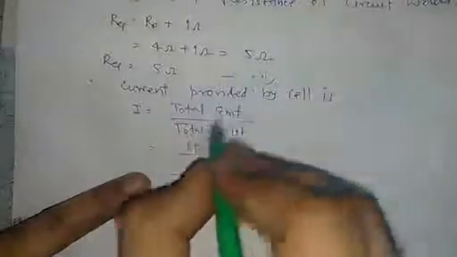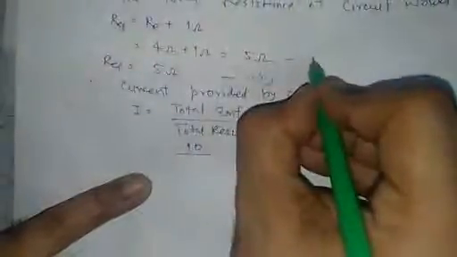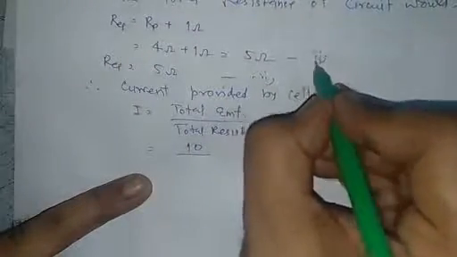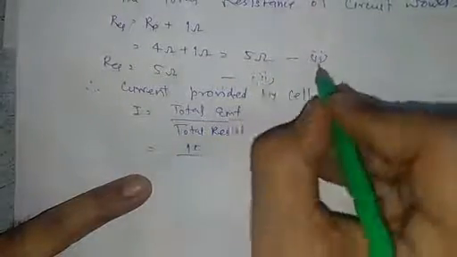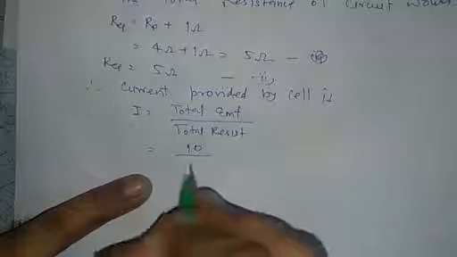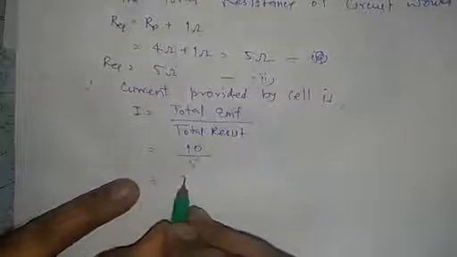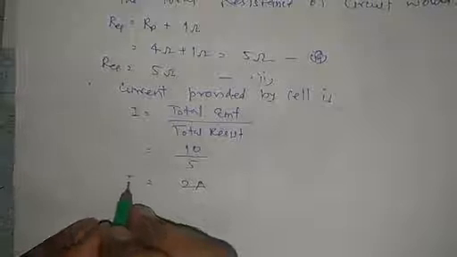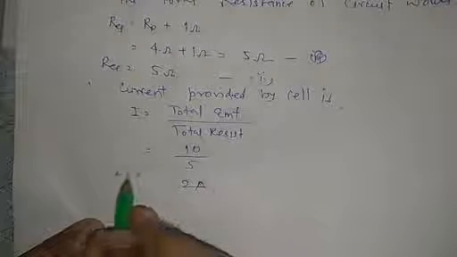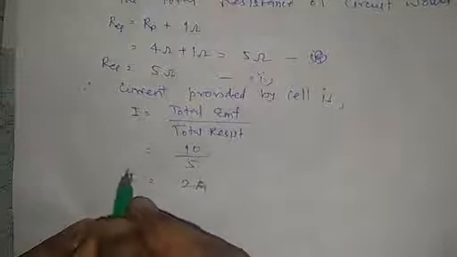And the total resistance you have calculated. 10 upon 5 equal to 2 ampere. That means the cell is providing a current of 2 ampere.